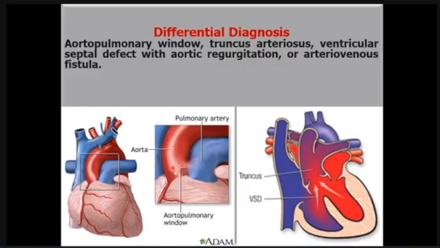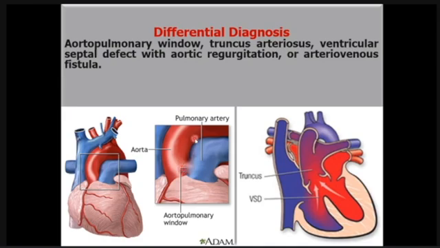You see, it is located here just at the origin of the aorta and the pulmonary artery, and same like the PDA, there is mixing of blood between the aorta and the pulmonary artery, and you will hear a continuous machine murmur.